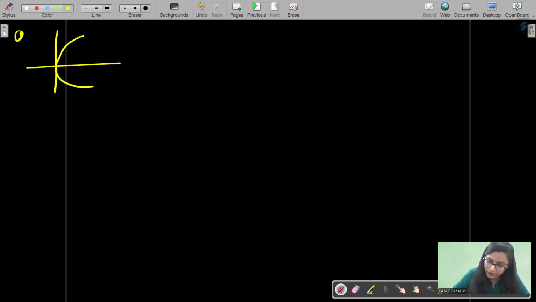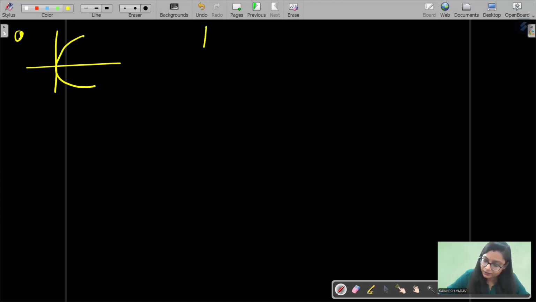Now we can take some graph examples and check which is a function or not. Suppose we have a graph like this. How to check whether this is a function or not?